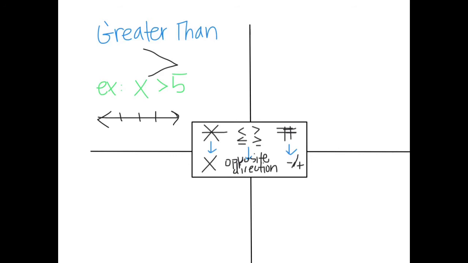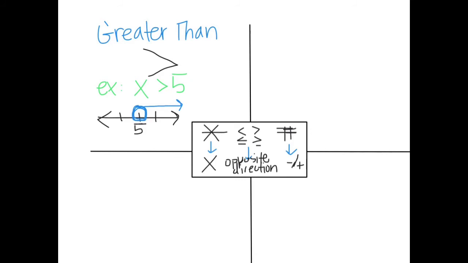So I'm going to make my number line. I'm going to label it with a 5. And what I'm going to observe is that this is a greater than symbol. So I do need to record the fact that my answer reflects anything greater than 5. It could be 5.1, it could be 6, it could be 200,000. Anything greater than 5 counts as an acceptable answer to this problem.